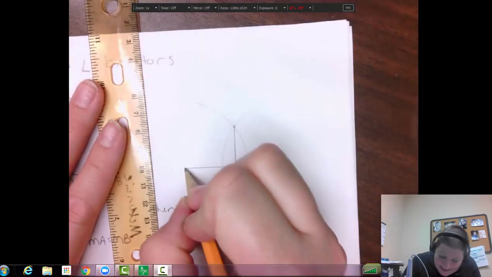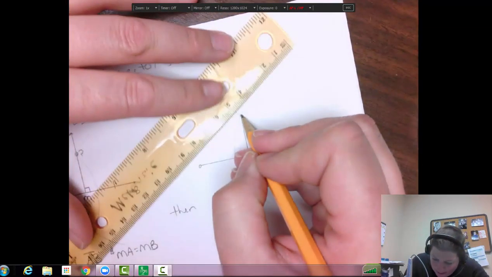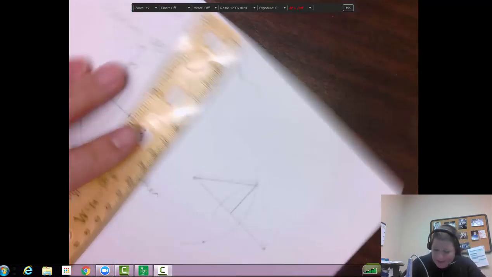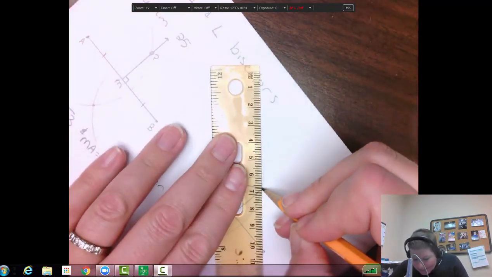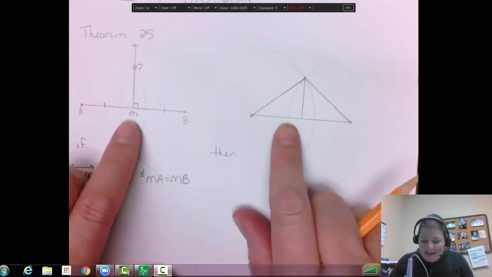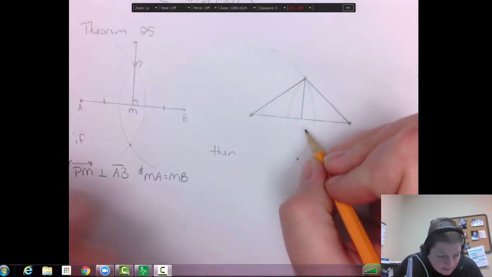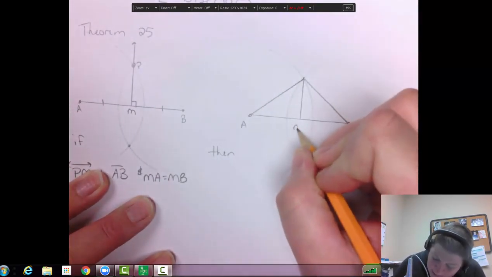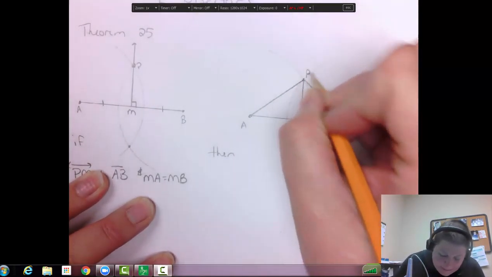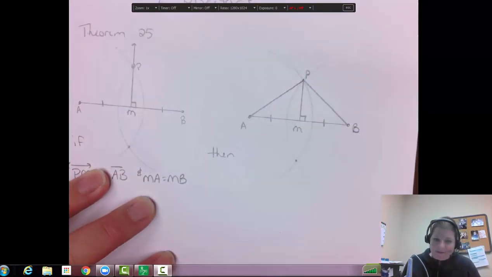All right, it says if I take and form a triangle from that point P. Okay, so see how those look the same, except I added in the triangle. I just connected those. So this would still be A, M, B, point P. And we know these are perpendicular bisector there.